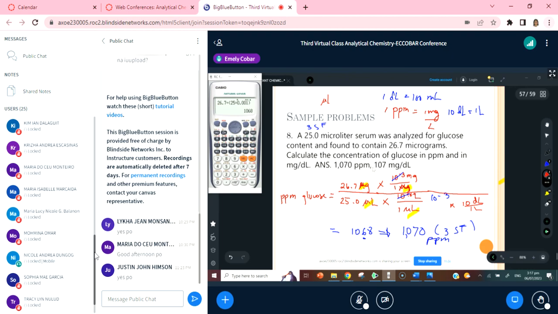Plus, meron din kasing unit na milligram per deciliter. Dun sa unit ng glucose, milligram per deciliter. 1 deciliter is equal to 100 ml.